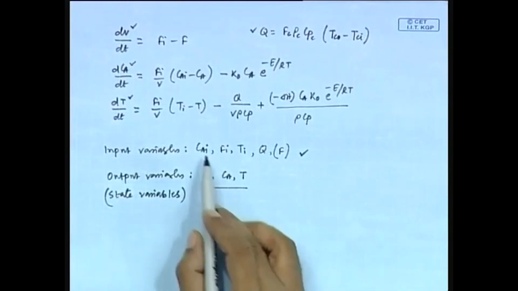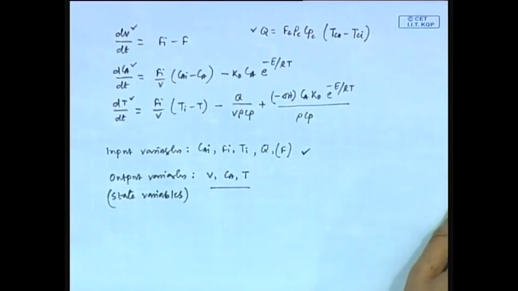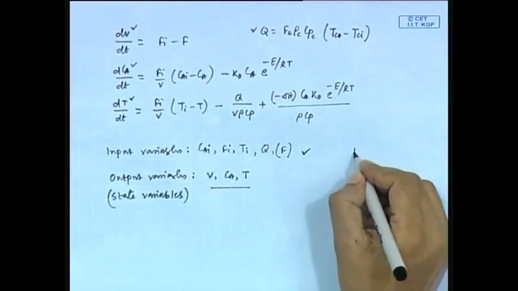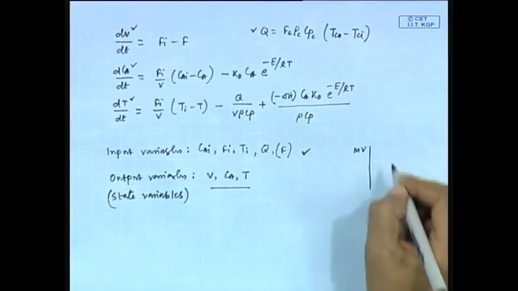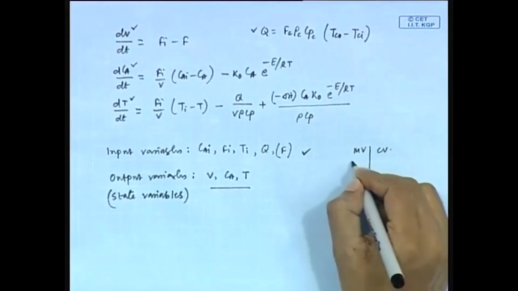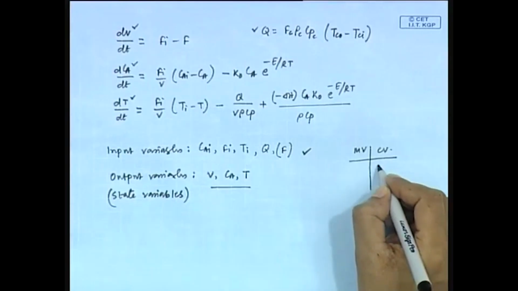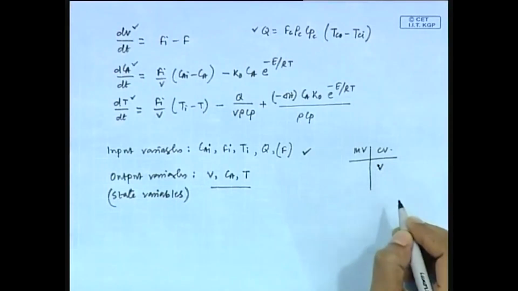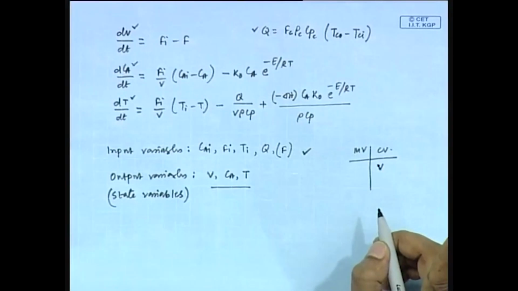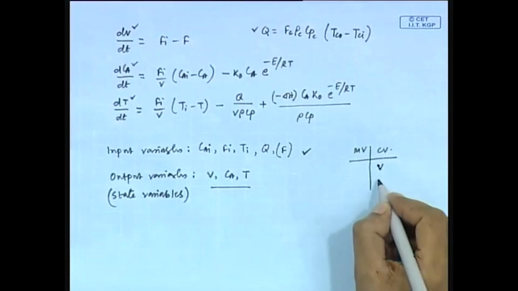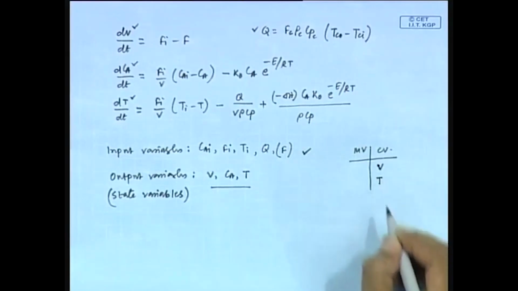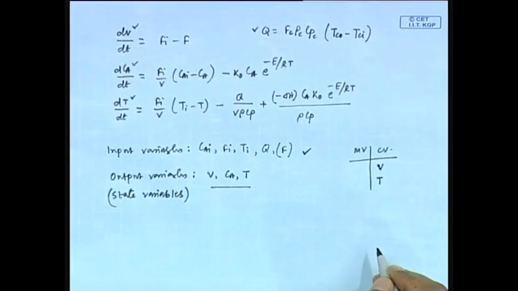Now, among these input variables, which are the manipulated variables? For the example CSTR system, if we consider liquid volume as one control variable, and another one is say temperature. Fine.